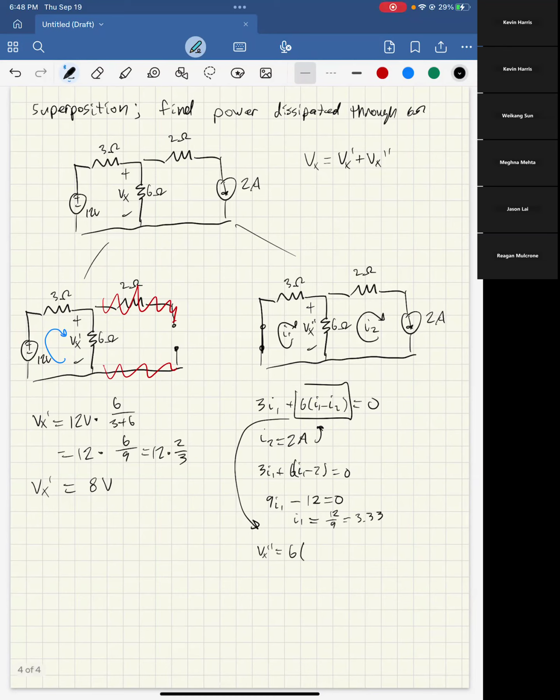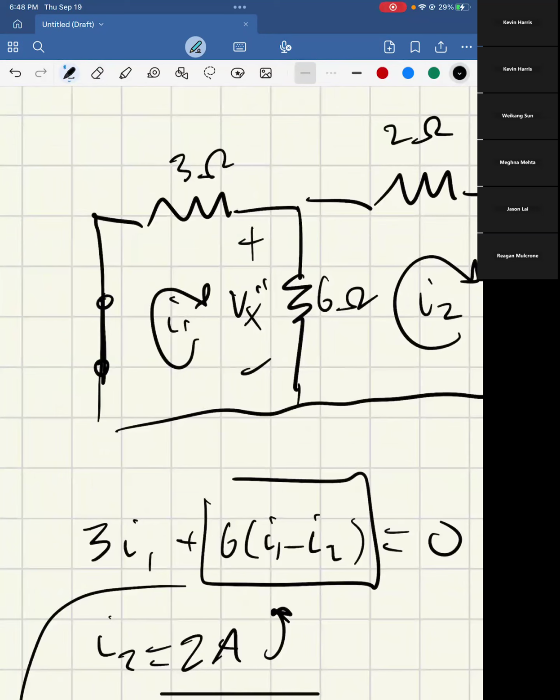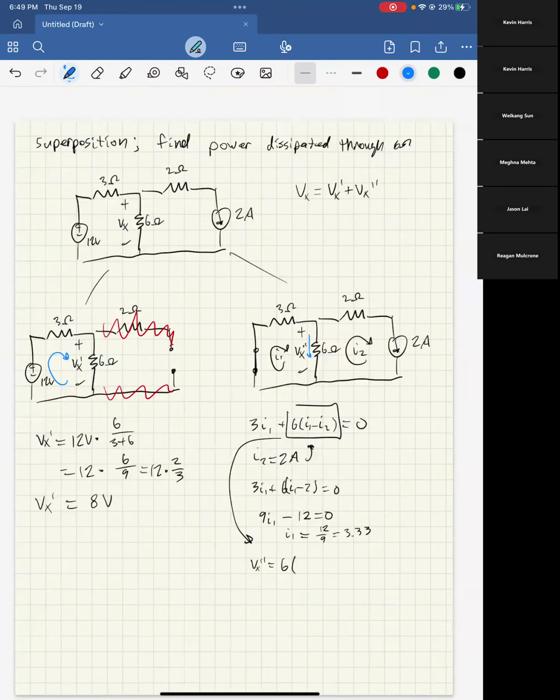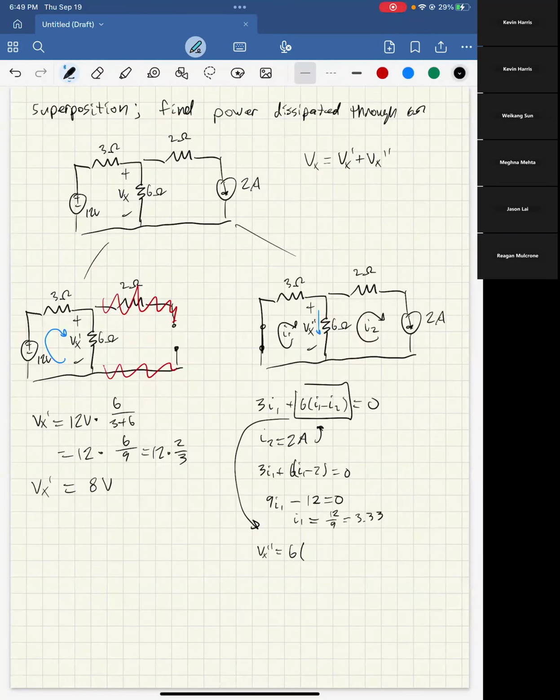And since it says it's positive on top and negative on bottom, that passive sign convention implies that for the sake of this Vx, the positive current is going down through it. So then we have that 6 ohm and I1 minus I2, which is going to be 6 times 3.33 minus 2, which is then, am I doing this right?